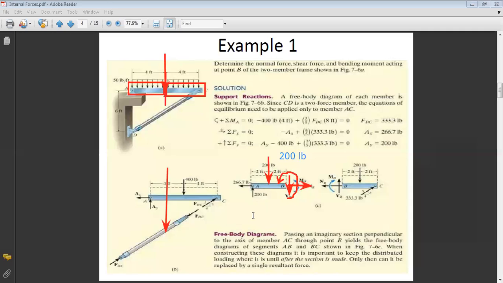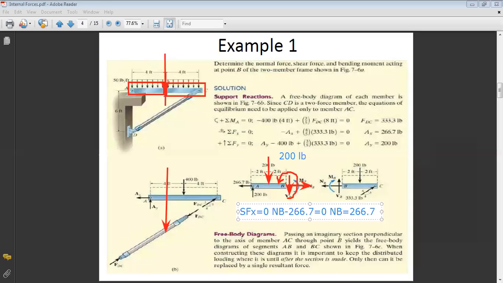So I will apply the three equations. First, sum of x equal to 0. If I look at my figure, I have the normal force NB, and I have minus 266.7, which is Ax. So NB minus 266.7 equals 0. From this relation, I get that NB is equal to 266.7.